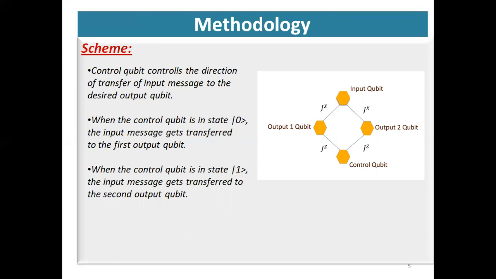Similarly, the longitudinal coupling Jz couples the output qubits with the control qubit, right? As I mentioned, the control qubit controls the direction of transfer of the input message to the desired output qubit. This is what we do here. So we have this control qubit.